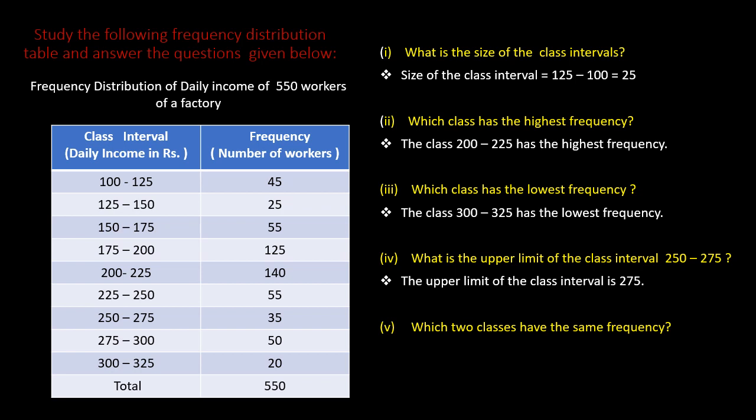If you observe the frequency table, you can see the number 55 repeated 2 times. So for which classes? 175 to 200 and again 225 to 250. So the two classes that have the same frequency are 175 to 200 and 225 to 250. Okay children?